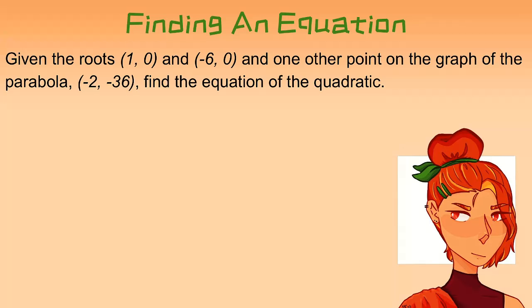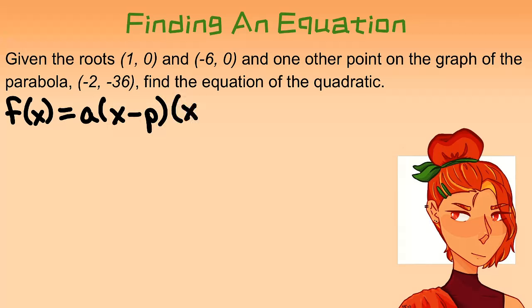So we're going to use the x-intercept form of a quadratic equation. And remember that what that is: f of x is equal to a times the quantity x minus p times the quantity x minus q, where p and q are the roots.